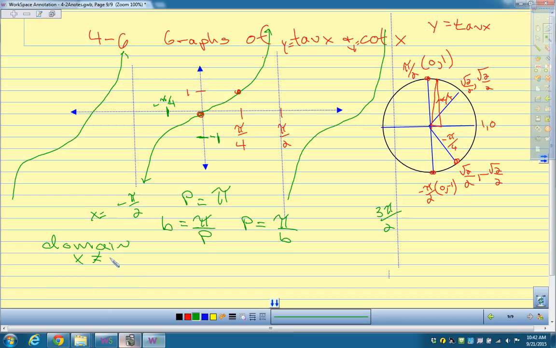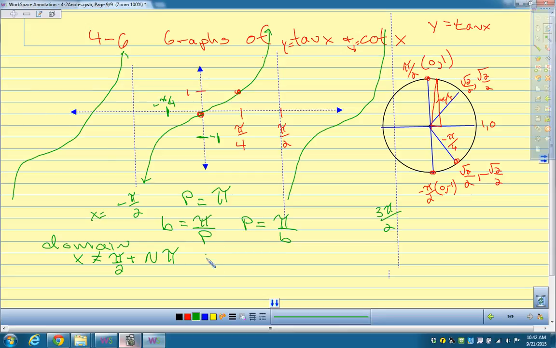And the way you write that is pi over 2 plus n times pi, where n is an integer. So that means that any multiple of pi over 2, whether I add pi or subtract pi, the tangent function is going to be undefined at those x values.